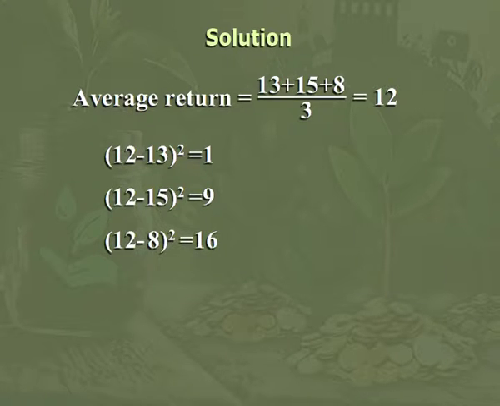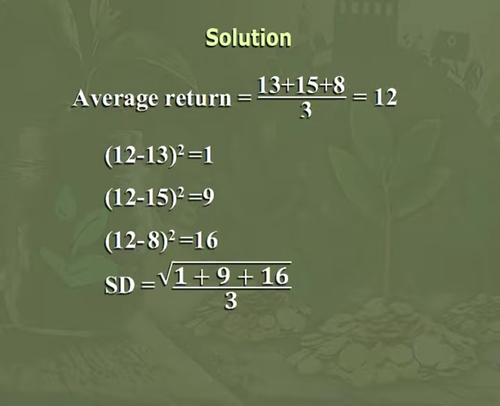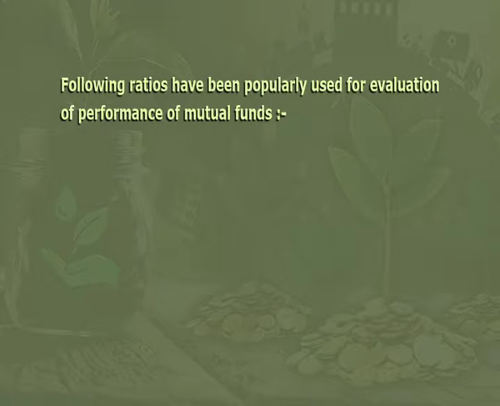For the third year, 12 minus 8 whole square is equal to 16. The standard deviation is equal to the square root of 1 plus 9 plus 16 divided by 3. So, the answer we get is 2.944.